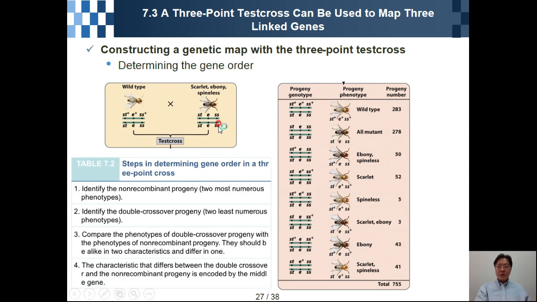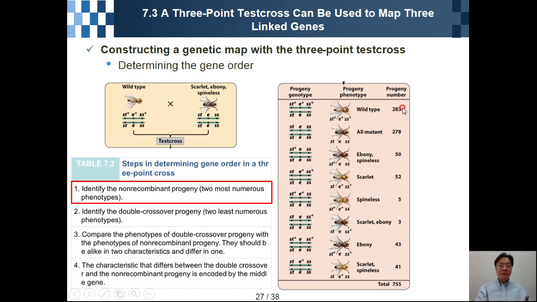In this slide, I will show the steps in determining gene order in the 3-point test cross. So this is the 3-point test cross. We already mentioned it in the previous slide, but we don't know the order. Now I will show you how to determine the gene order. The first step is to identify the non-recombinant progeny, the two most numerous phenotypes.